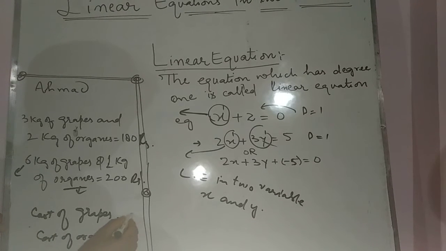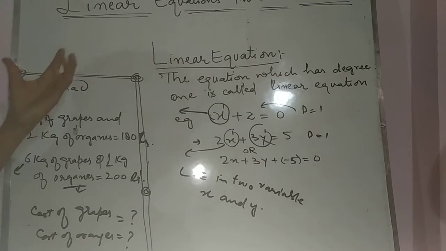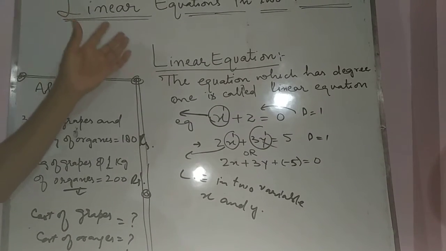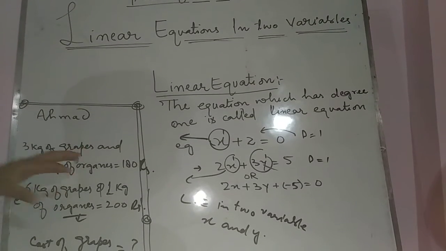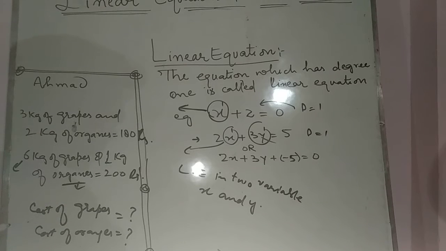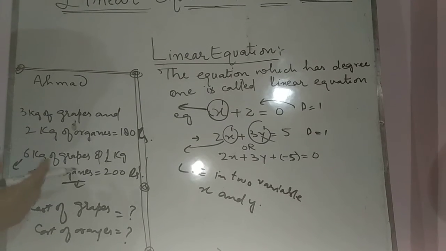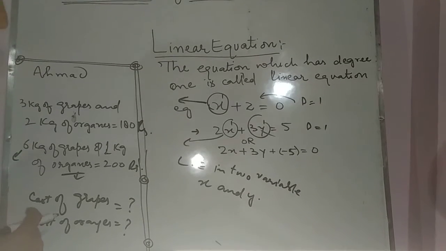How can you find the cost of grapes and the cost of oranges? This is our original concern. This is where we use this pair of linear equations in two variables in our day-to-day life. So this is a situation where we use it when Ahmed goes to bazaar. I will just make the two linear equations in two variables here.